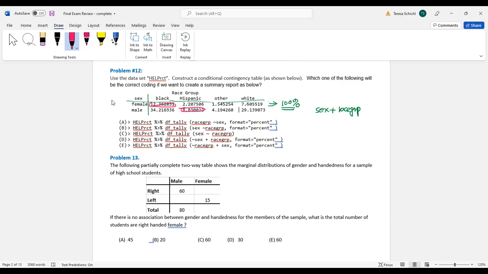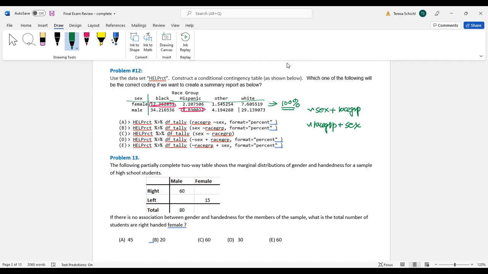Then the next thing: should I put sex in the front, or should I put the race group GRP plus the sex in the back? Here we need to be careful, right? We know we need to use a plus, so I only have D and E as my choices, right?